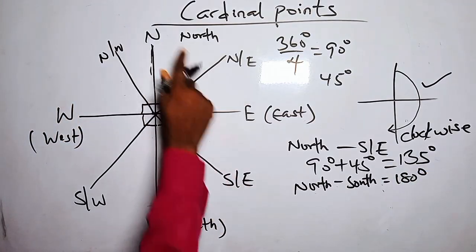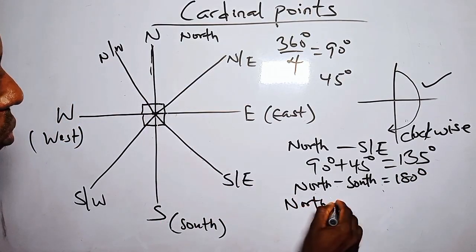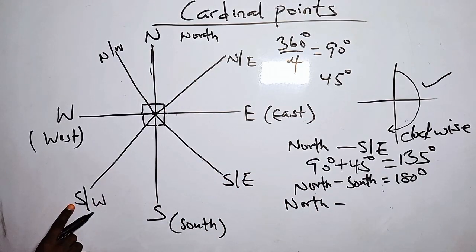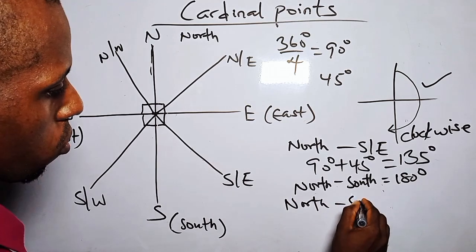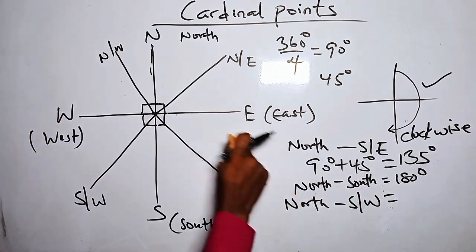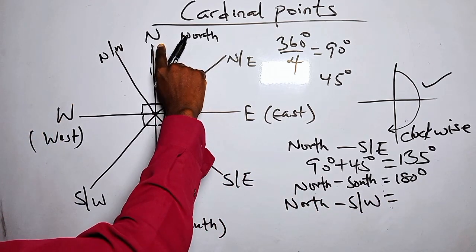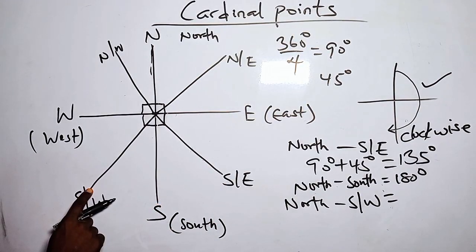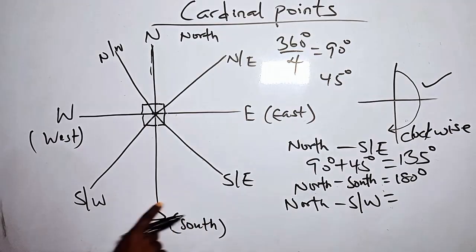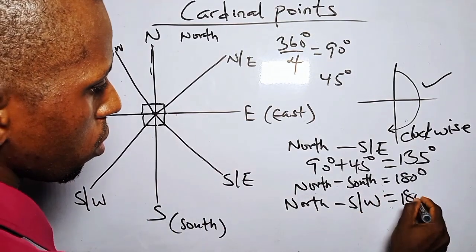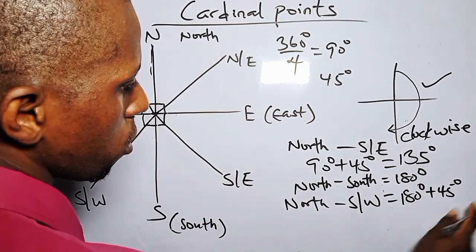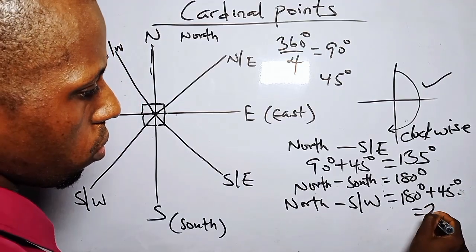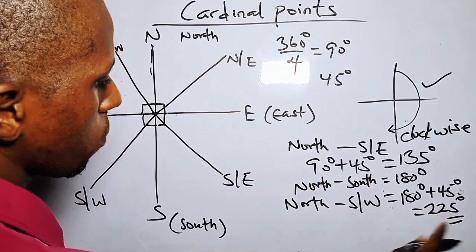And we can make reference to this to know the total angle taken from north to southwest. We know that from here in a clockwise direction, this is 180, and this is 45. So we are adding 180 plus 45 degrees, and when we add this, we have 225.